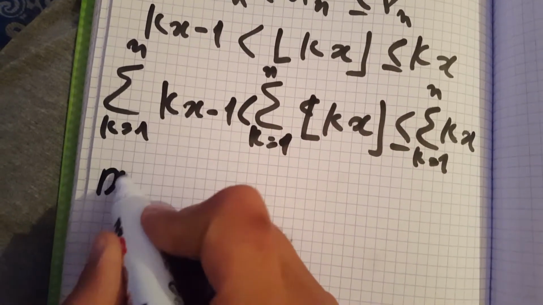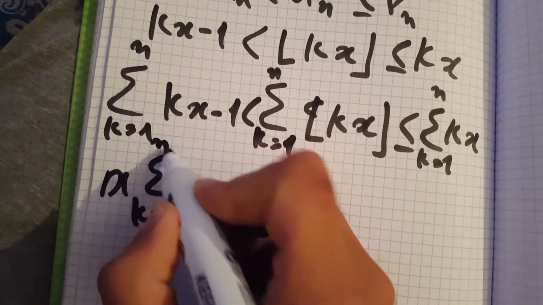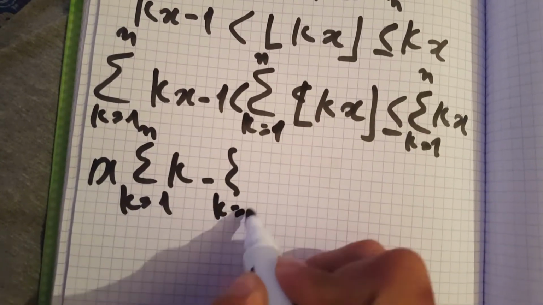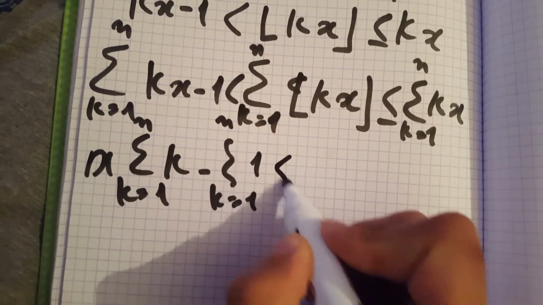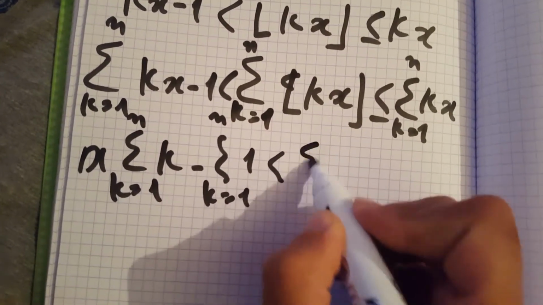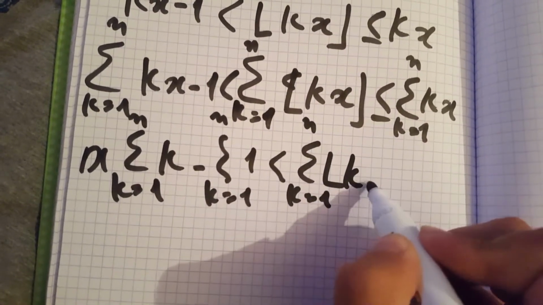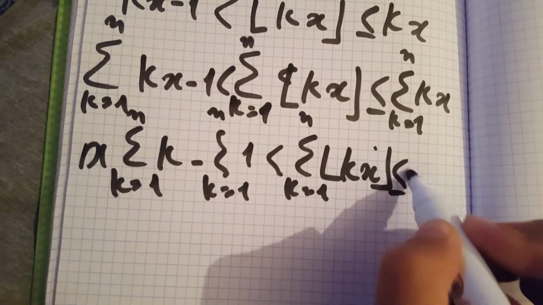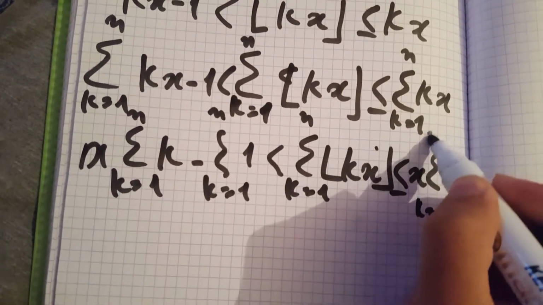So we have x that is not in function of k, we can make x outside the sum. So we have x multiplied by the sum of k minus the sum of 1 is smaller than the sum of the floor function, and it is smaller than x multiplied by the sum of k.